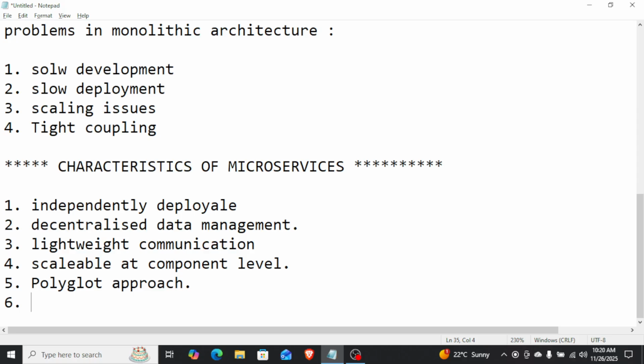And the other one is resilient and fault tolerant. Failure of one service does not break the entire system. So this is one of the important characteristics of microservices.